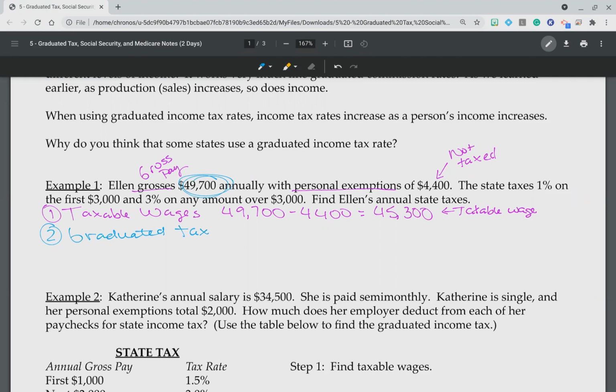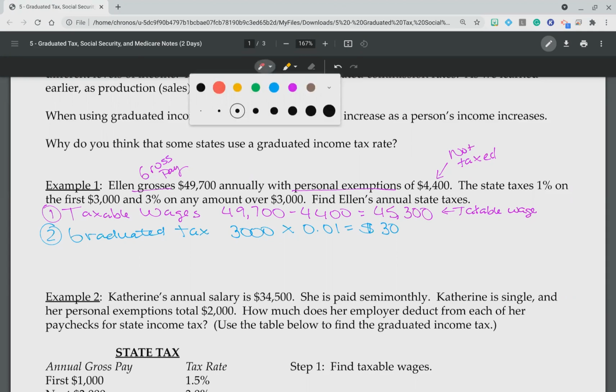Well, she made a lot over $3,000, right? So our first thing would be taking $3,000 and multiplying it by 1% or 0.01. So on the first $3,000 she made, she's going to be taxed $30.